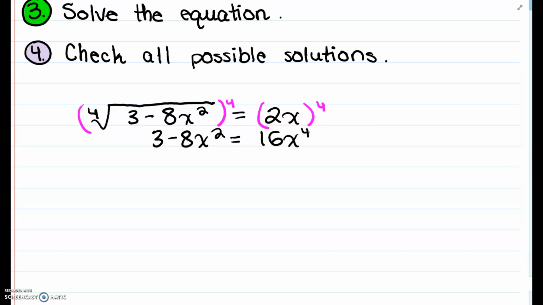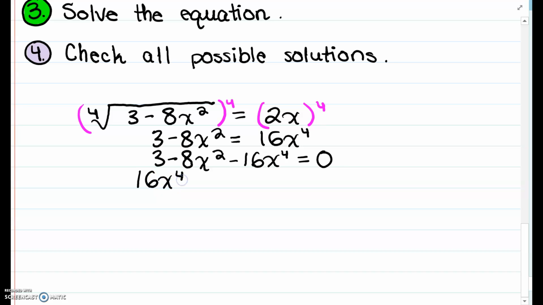We're going to move the 16x to the 4th to the other side of the equation so we could solve. So we get 3 minus 8x squared minus 16x to the 4th equals 0. And you might want to rearrange that so you can notice that it is factorable.